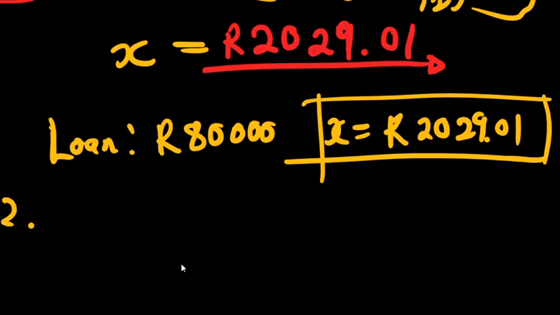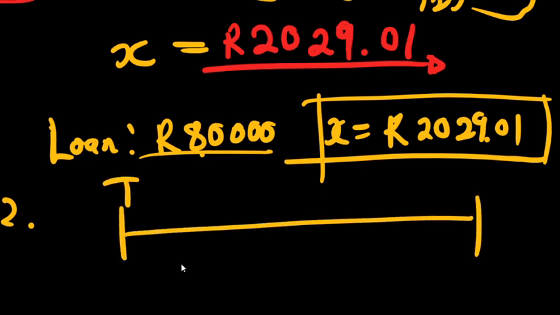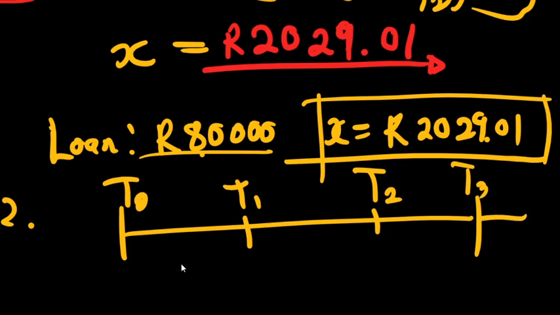Then now, say for example, with the very same loan, you want to know how much is the outstanding amount. Let's say this is term number 0, this is term number 1, this is term number 2, 3, up to 4.